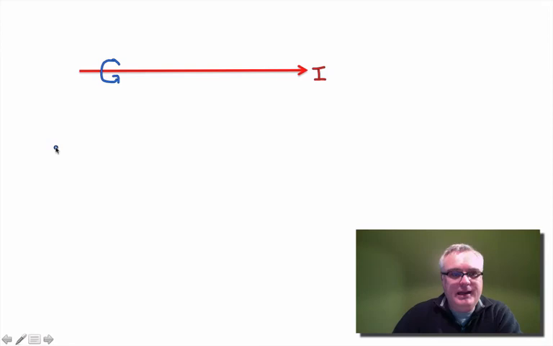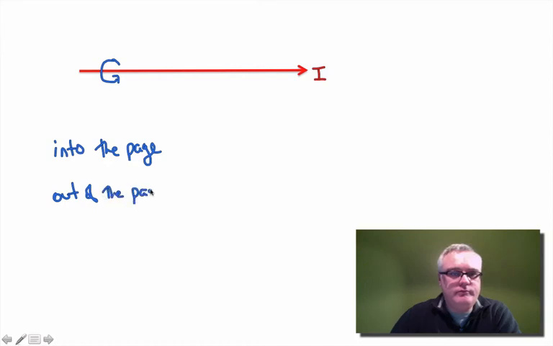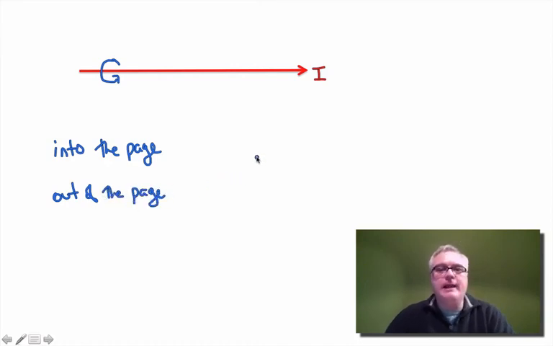So what we really need is some symbol to represent those two directions: into the page and out of the page. What we're really looking at is the vector of the magnetic field coming out of the page.